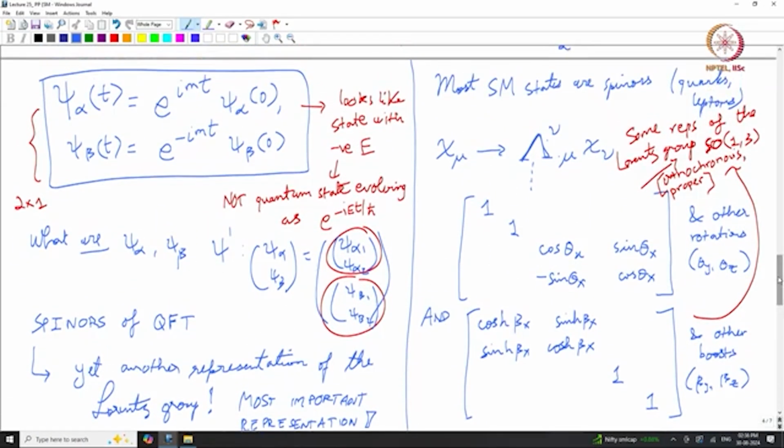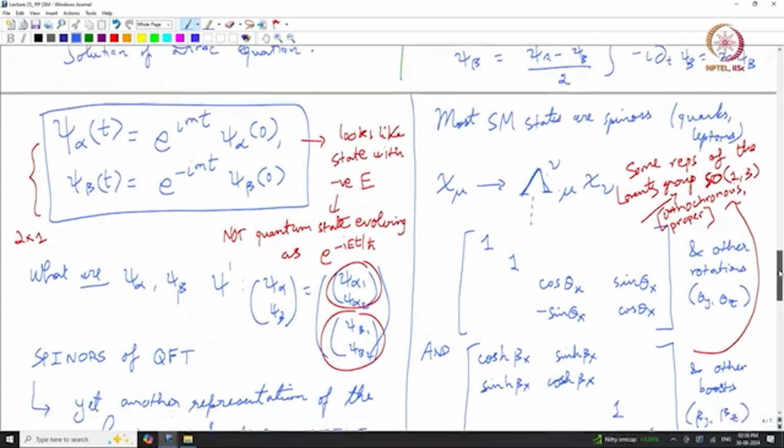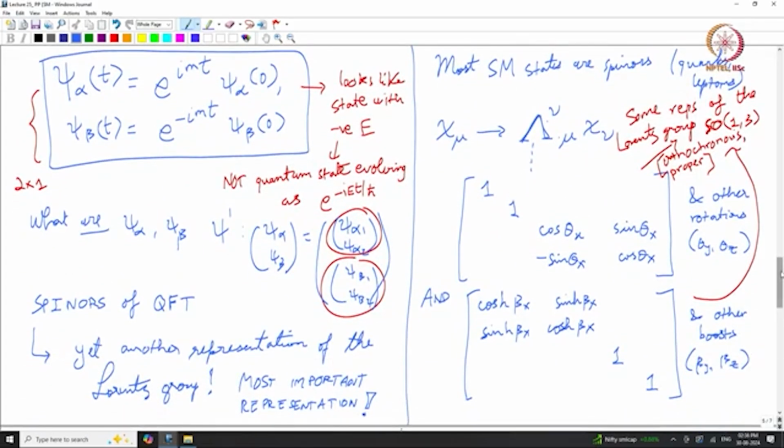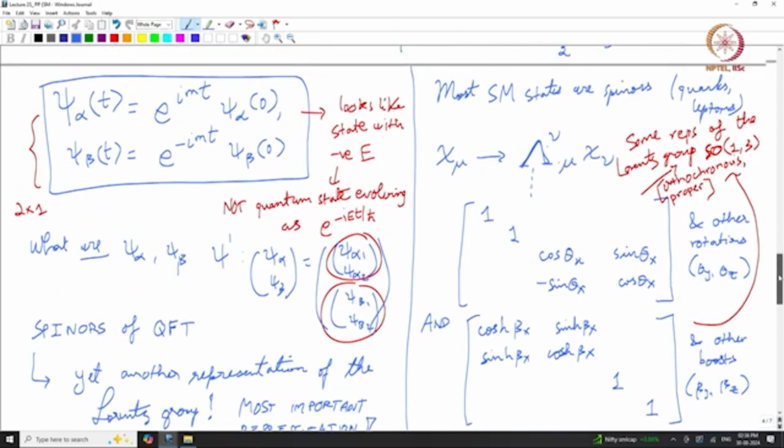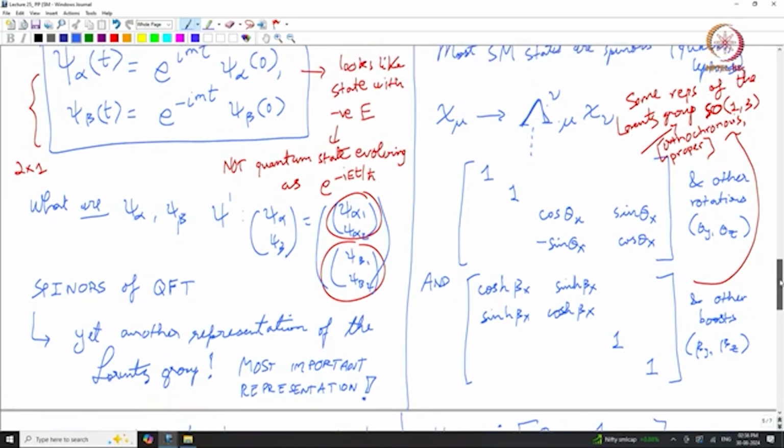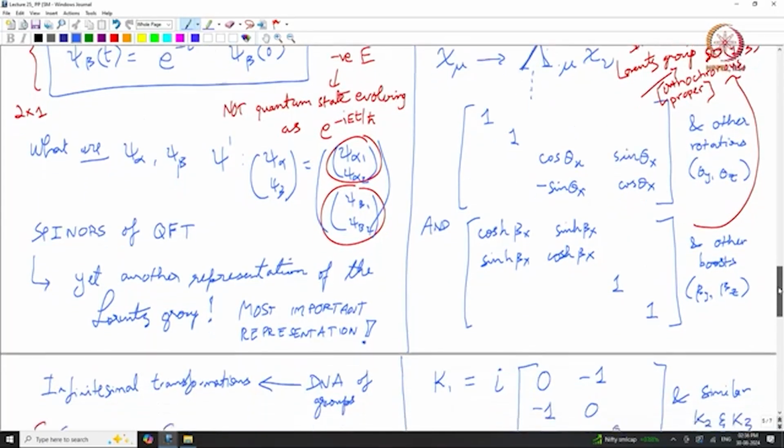And then we started exploring the Lorentz group in its usual, regular representation that you would have seen before, the 4 vector representation, right? And we saw that the Lorentz group comprises of not just boosts but also rotations, right?